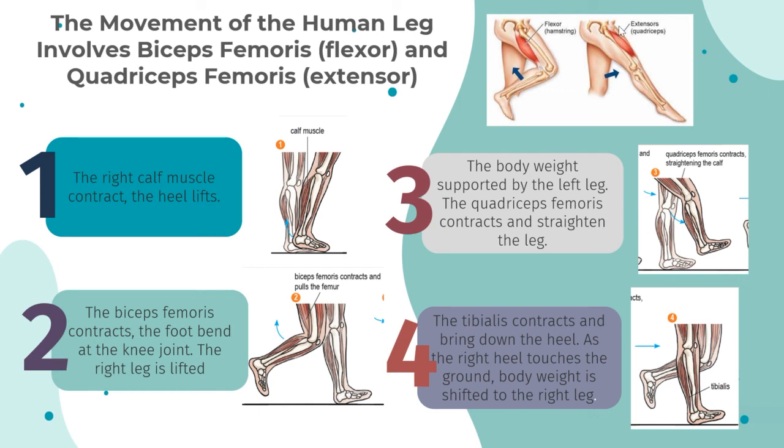And the quadricep femoris will straighten the leg, so the quadricep femoris acts as an extensor. Flexor refers to the muscle that bends the limb, whereas extensor refers to the muscle that straightens the limb. So that refers to the movement of the human leg.